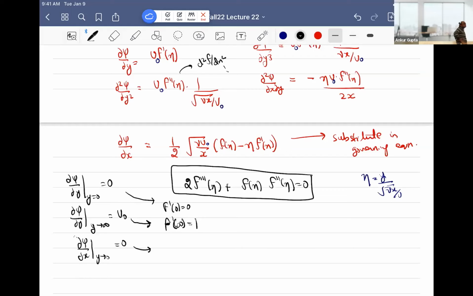When del psi by del x at y equal to 0 is 0, how should I get the value? f of eta minus eta times f prime of eta is 0. But when eta is 0, the second term goes away, because eta is 0 at that point, so simply f of 0 is 0.